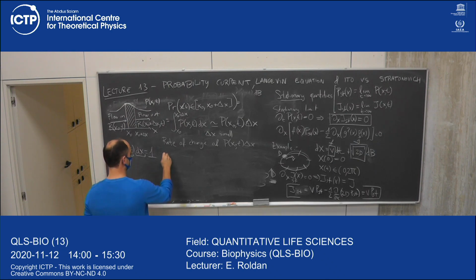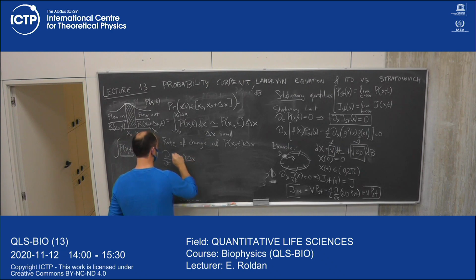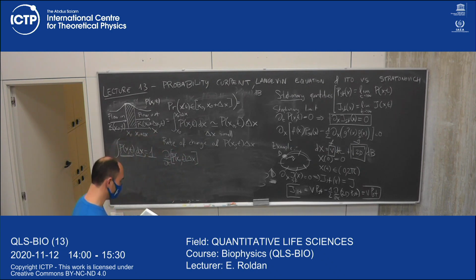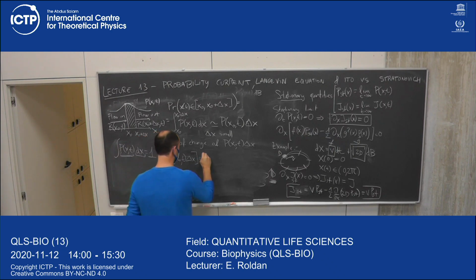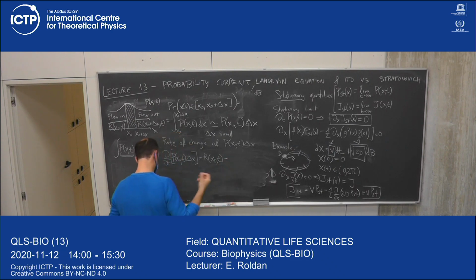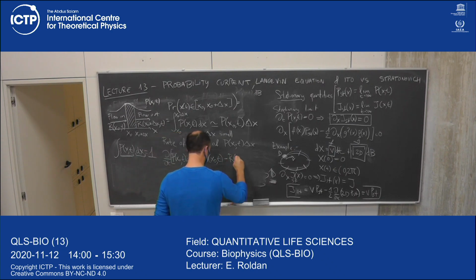So we would say something like this: the rate of change of the probability will be how much we get in at x0 minus how much goes out at x0 plus delta x.